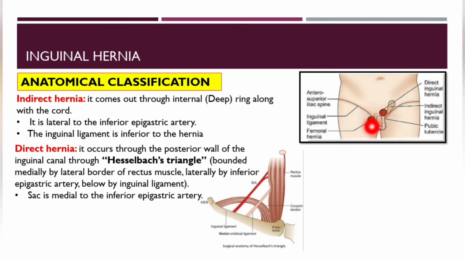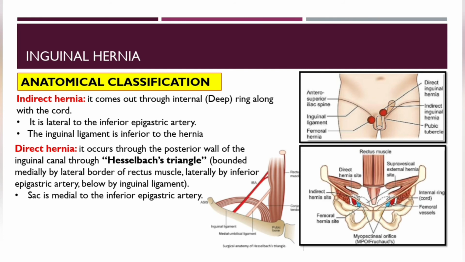If you look here, this on the right is a femoral hernia, so forget about that one. Look on the left here. In red, that's the direct inguinal hernia, and laterally there is the indirect inguinal hernia.